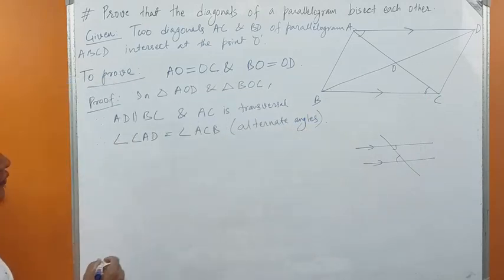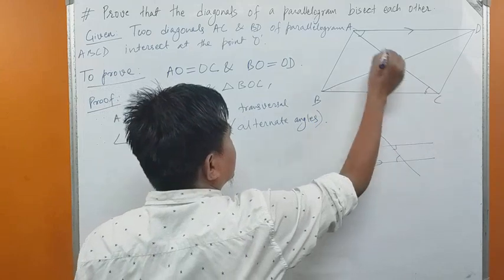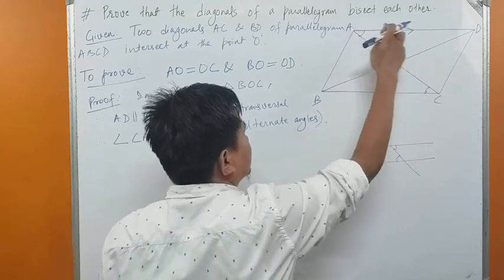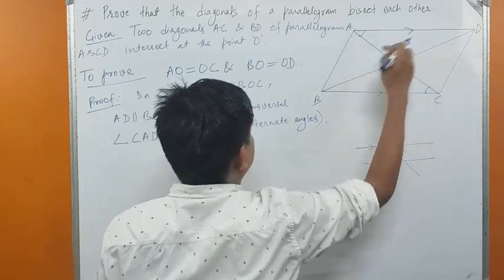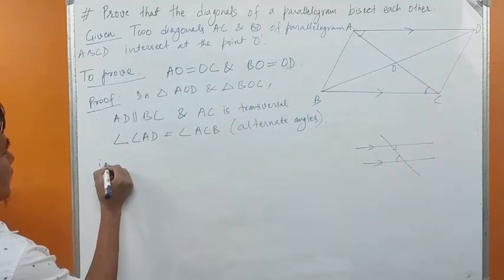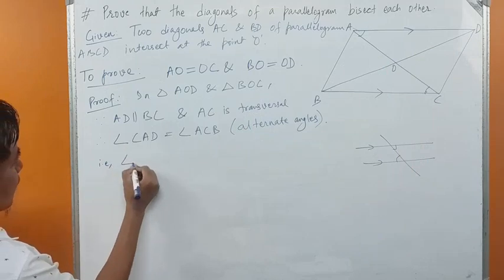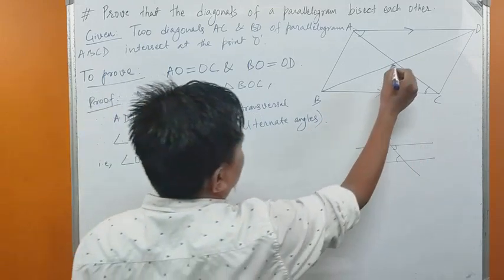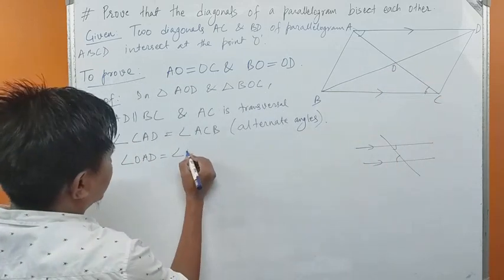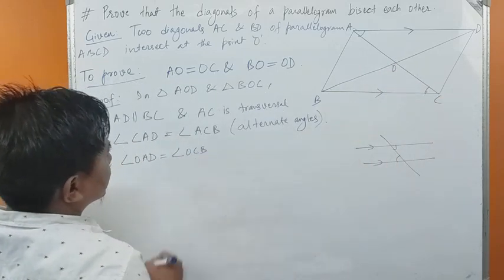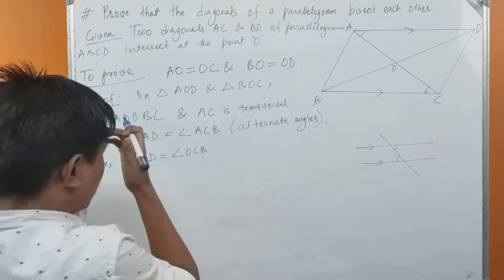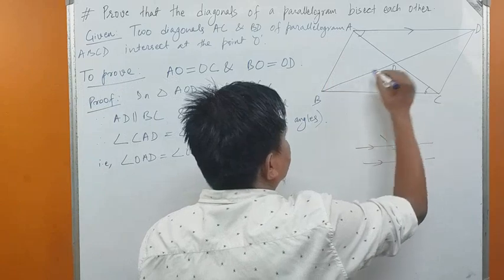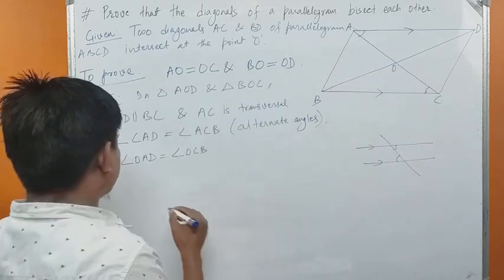Now CAD and OAD are the same thing. That is, angle OAD equals angle OCB, alternate angles.